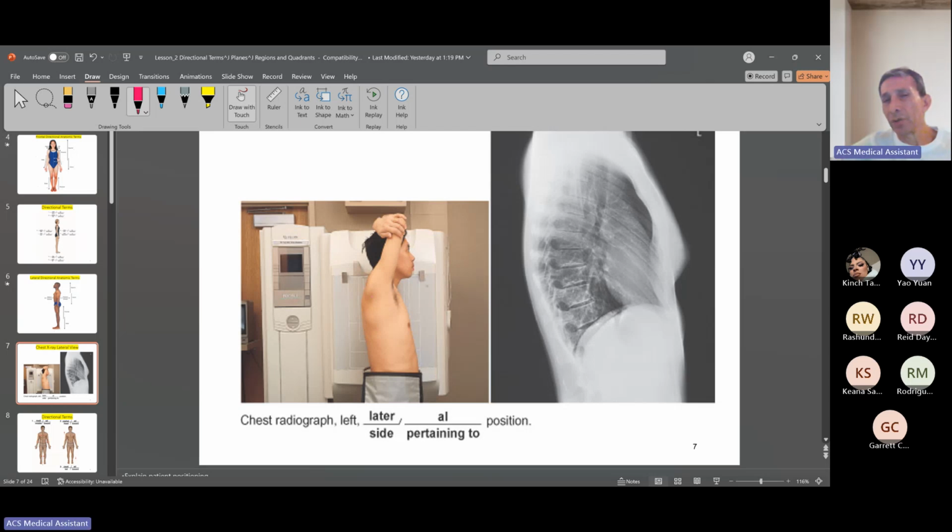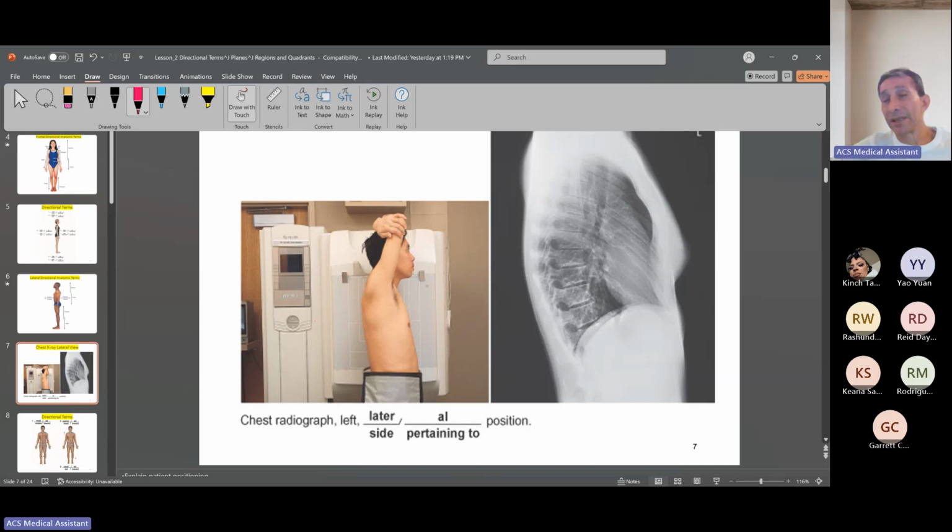And they train them how to do this, how to do that, how to position the patient, how to operate the machine. Not many, but hey, they got a job. So it says right here, the lateral, it can be lateral left, lateral right.